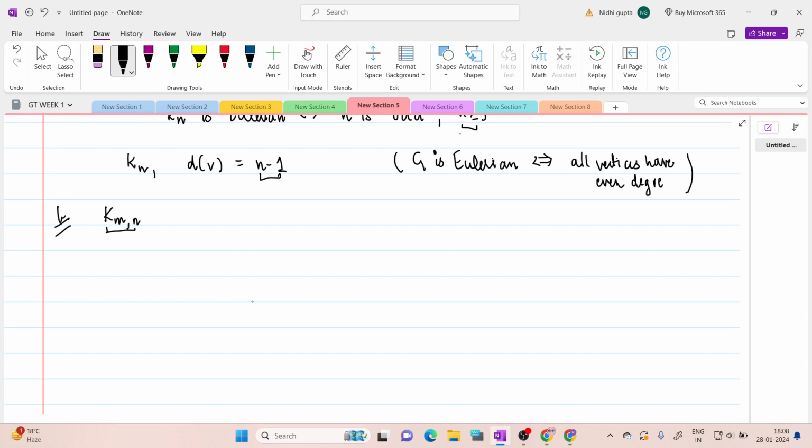So what is this notation? Bipartite graph with m and n nodes. Yes. Okay, I'll define this.